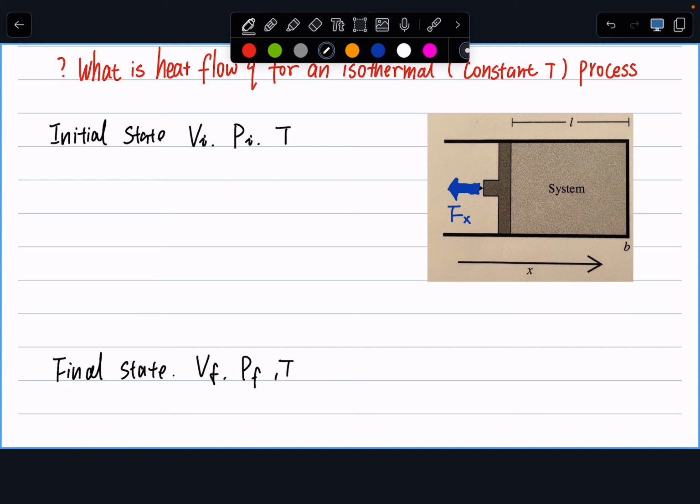The contraction works the same way. Let's set our V final to be larger than V initial. This is what we call an isothermal process because the temperature is kept the same.